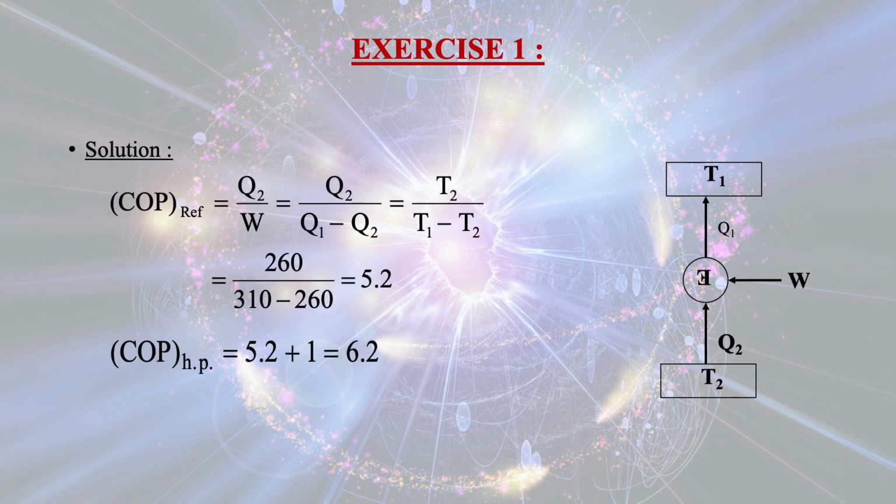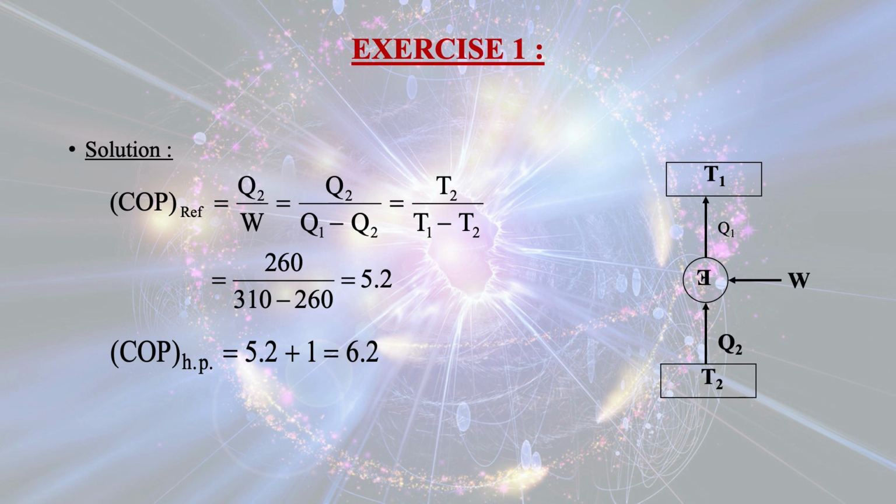We know very well the expression for COP as refrigerator is equal to Q2 by W, equal to Q2 divided by Q1 minus Q2, that is equal to T2 divided by T1 minus T2. So in this case T1 is given as 37 degrees centigrade and T2 is minus 13 degrees centigrade.